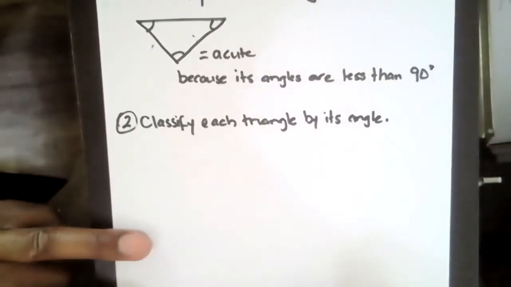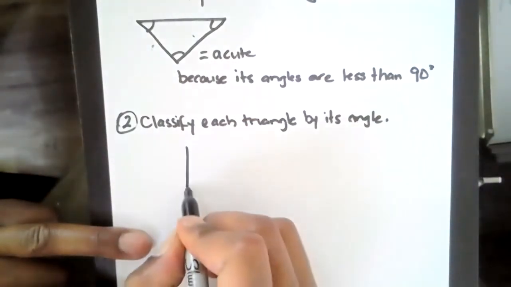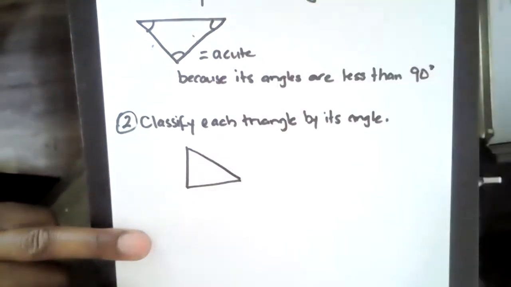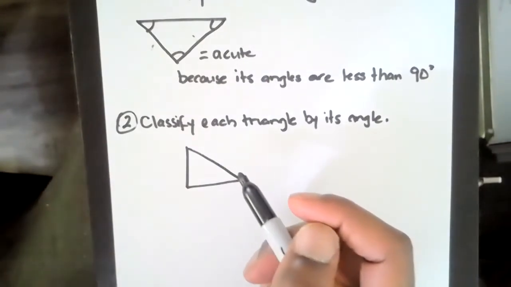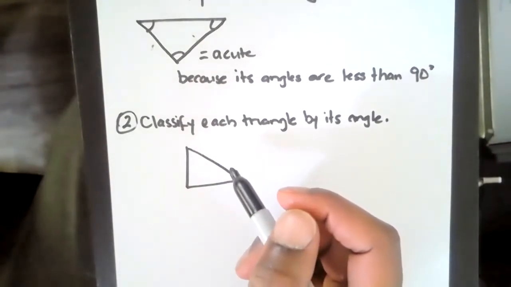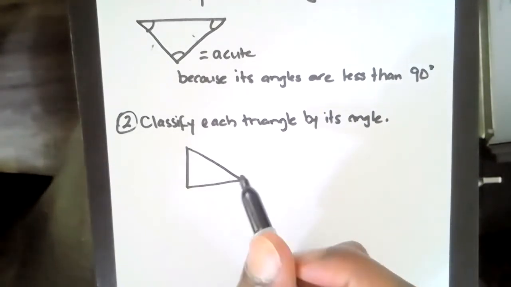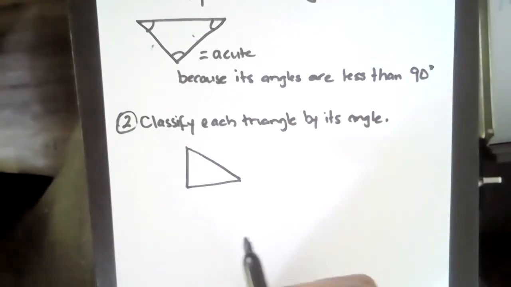They give us a triangle that looks like this. Same answers. Is it a right triangle, an acute triangle, an equal angular triangle, or an obtuse triangle? Again, looking at the angles, are any of these greater than 90 degrees?